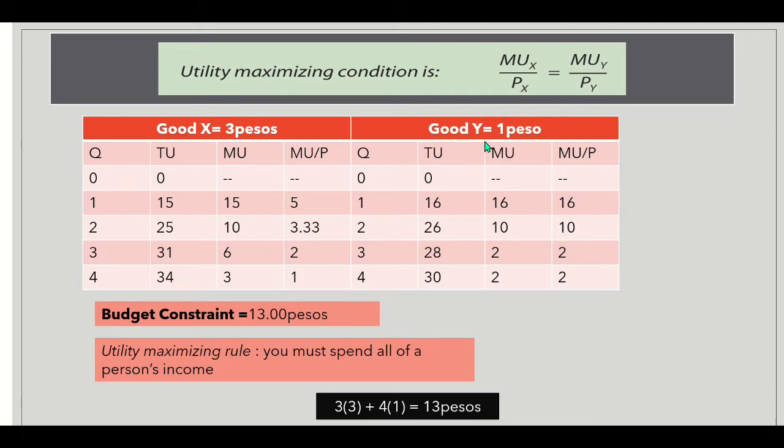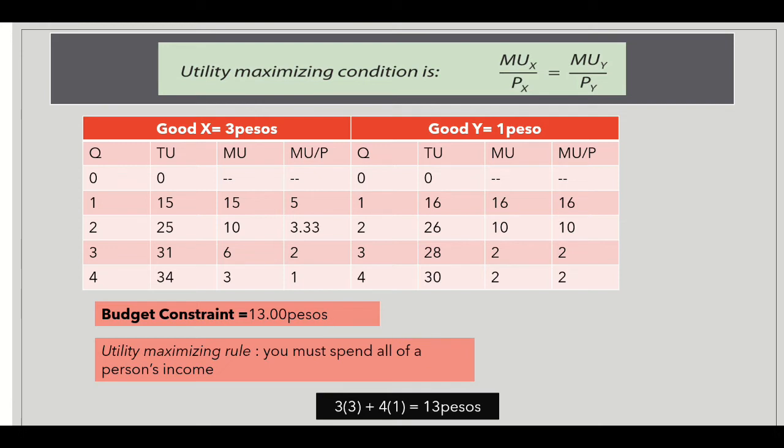of goods that are being sold. You will be given the quantities and the total utilities. Down here you have this budget constraint. Now, the budget constraint is saying what the amount of the person's income is. One of the rules is that you always have to spend all of your income.